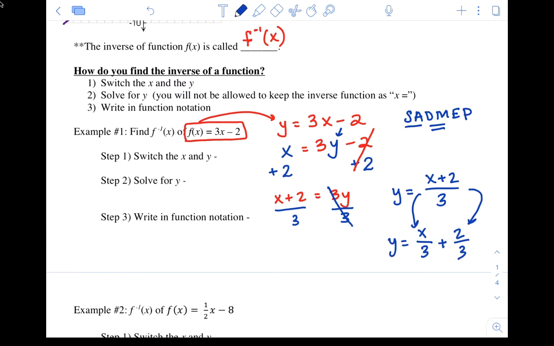And if you really want to get fancy, especially because I'm going to be asking you to write it in function notation, you can tell me f to the negative 1 of x, because that tells me you just found the inverse. And the inverse equals x divided by 3, there is 1x right there.